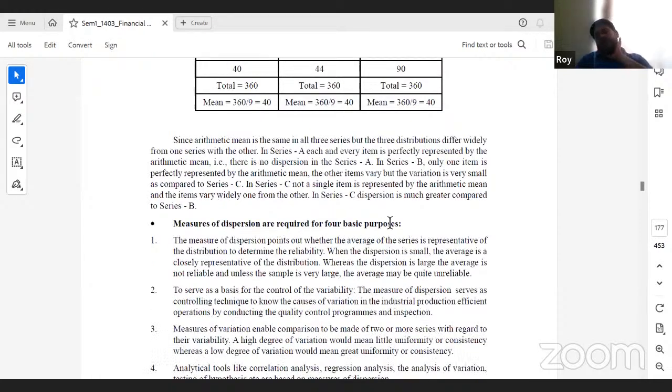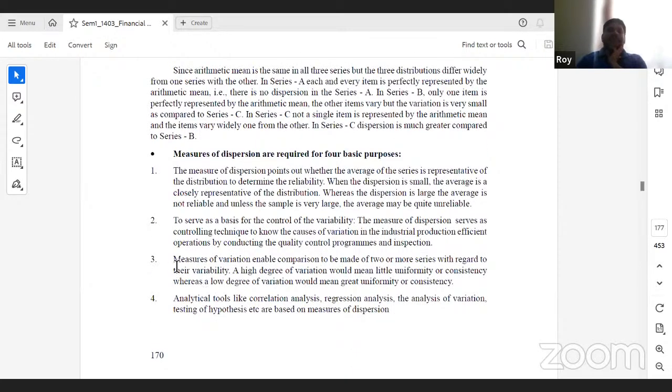Now, there are four basic purposes for which we record this. The measure of dispersion points out whether the average of the series is representative of the distribution or not. Second, to serve as a basis for control of the variability, the measure of dispersion serves as a controlling technique. Measures of variation enable comparison to be made of two or more series with regard to their variability.